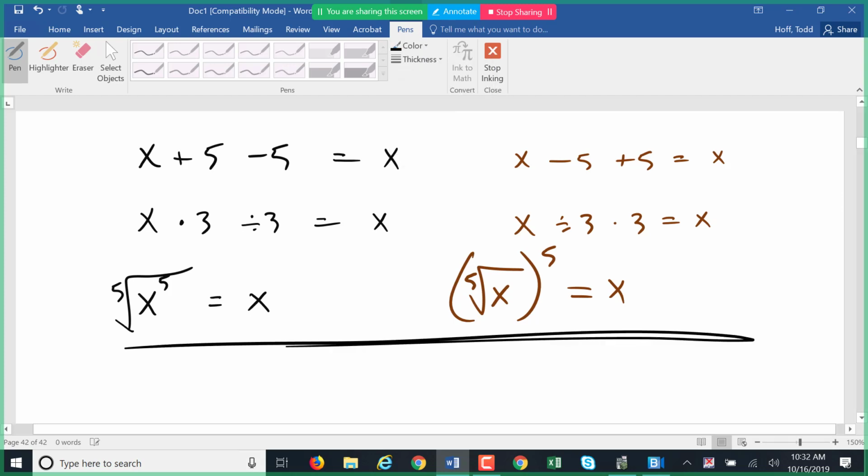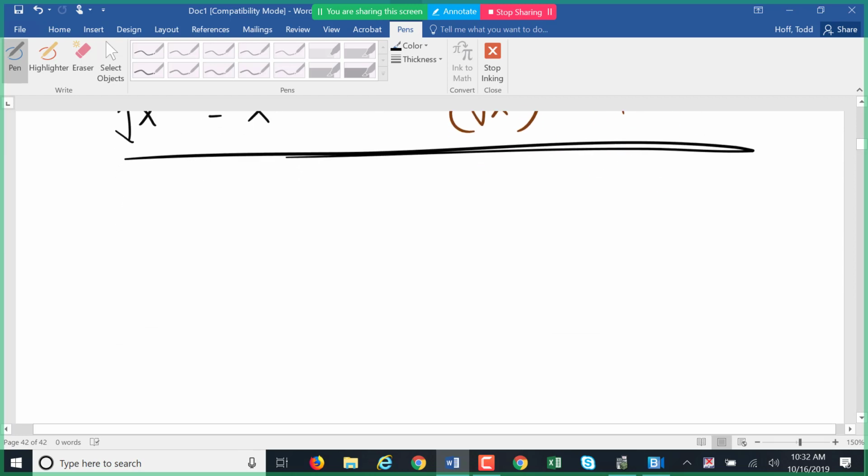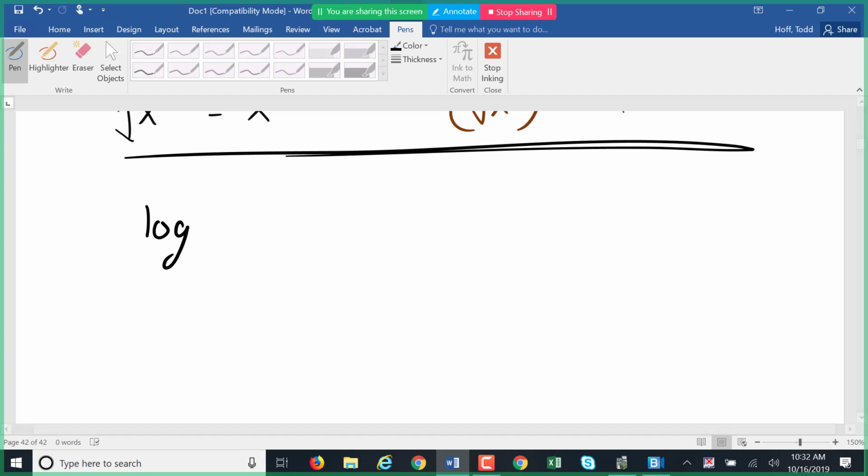The same is true for our logarithms. Because a log of a certain base and an exponential of a certain base cancel each other out, they're inverses, they will cancel each other out. So log base 5 of 5 to the power of x, the log base 5 and the 5 to the power of cancel out, that leaves us with just x.